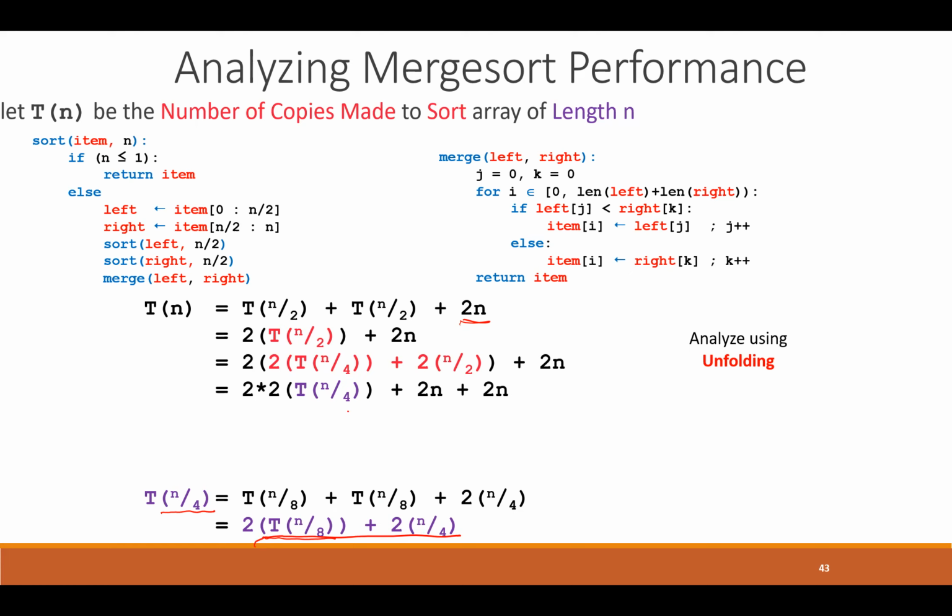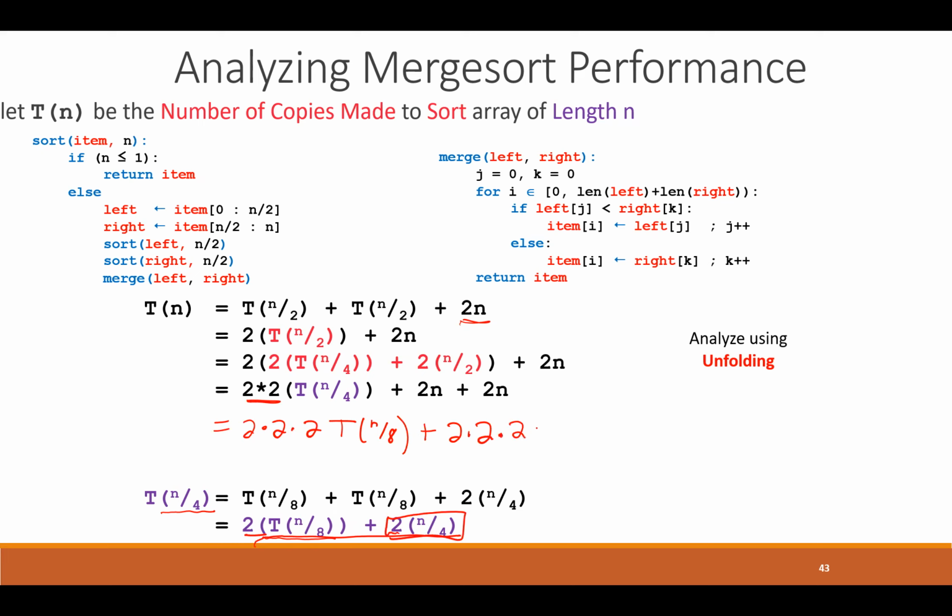And again, this is going to be 2 times 2, now it's times 2, t of n over 8 plus 2 times 2, right? So I'm multiplying this times this part now.